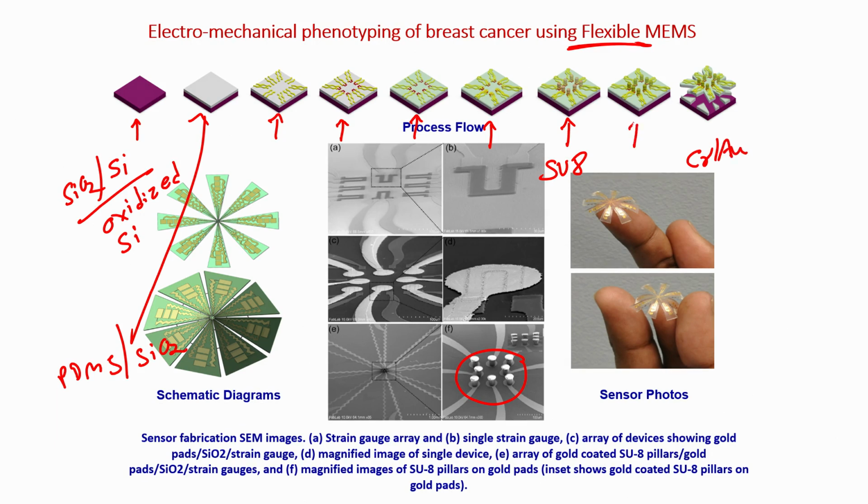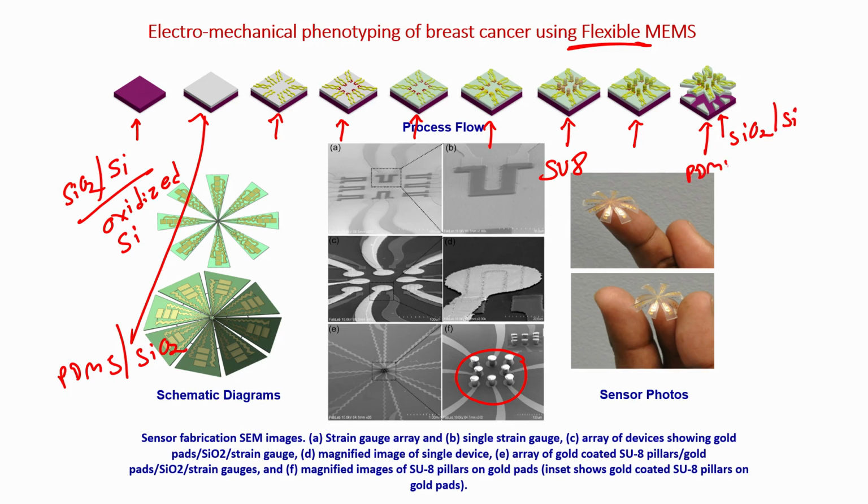So, here we have coated the SU8 pillar with a metal, and finally, we are able to detach the chip or the sensor or the MEMS device from the base which is our SiO2 over silicon.